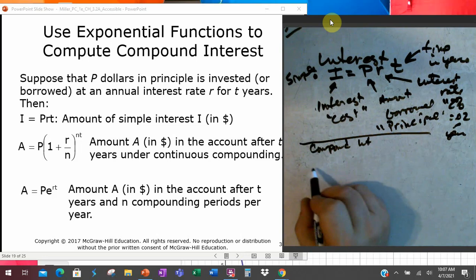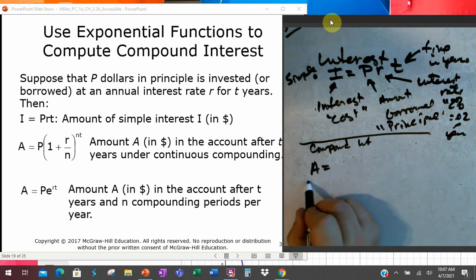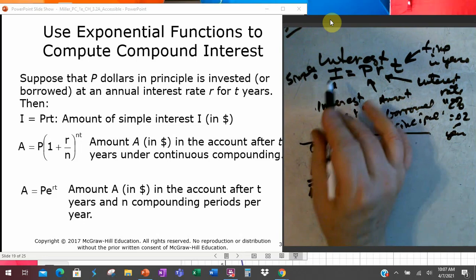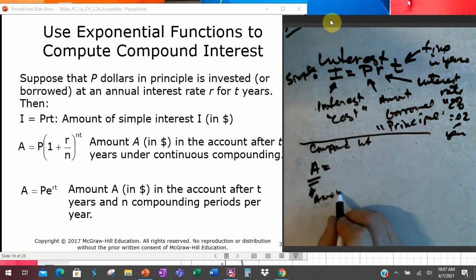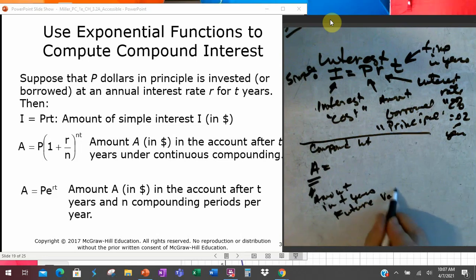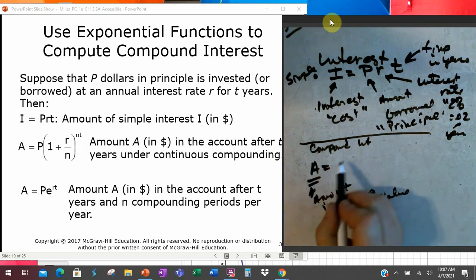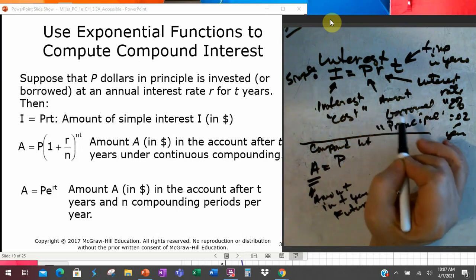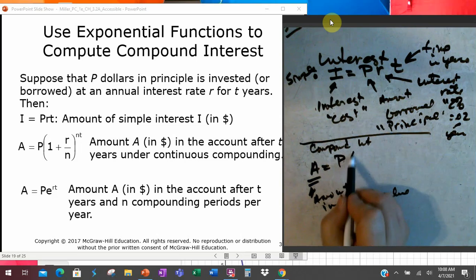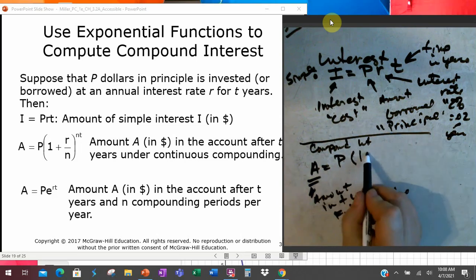This is called the amount you'll have. This is a little different. This isn't the interest, but this is the amount in T years. This is also called the future value, how much you will have in your account. And it is just the principal, the very same thing. What you started with, you leave it alone.